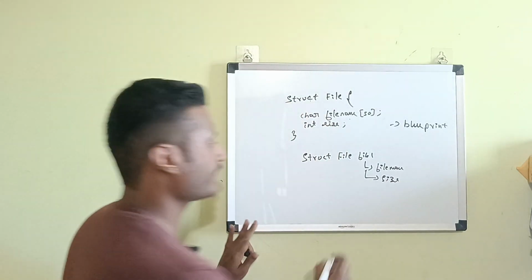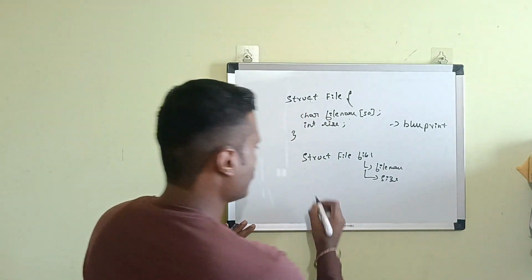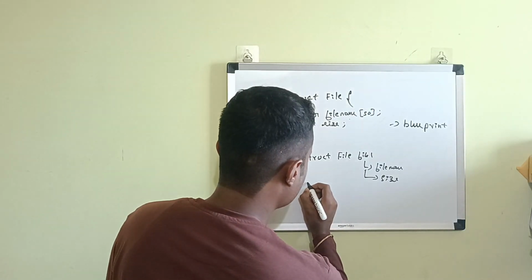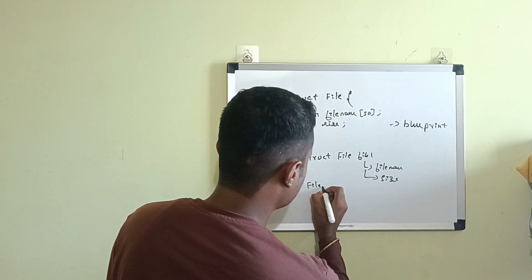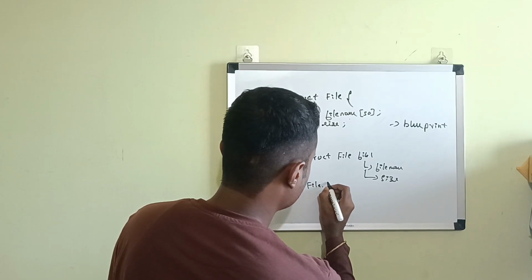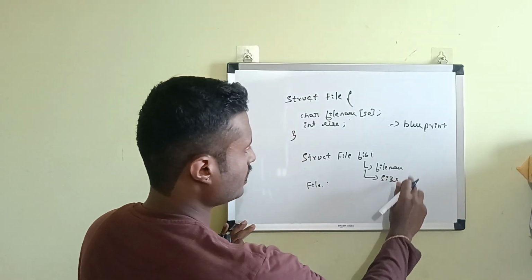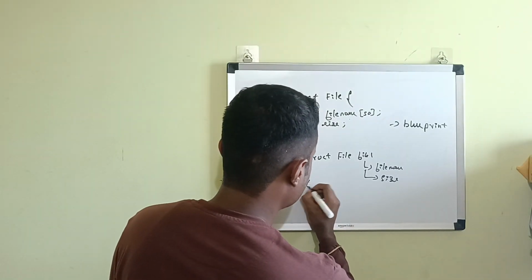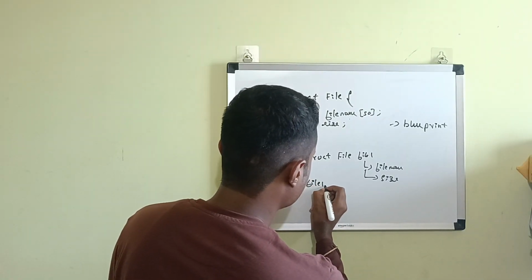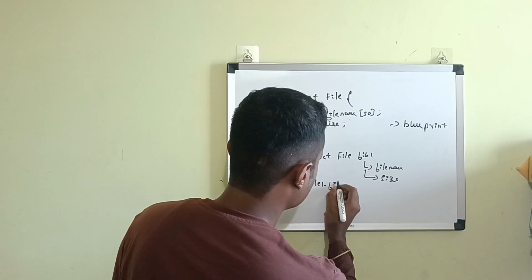How to access this? Next question. To access this, again, simple. To access any of this, just write file1 dot file name.